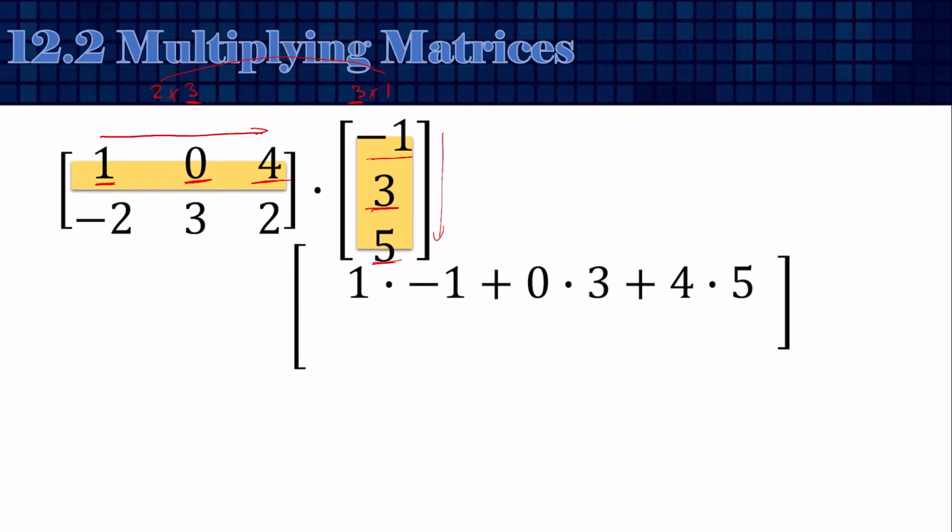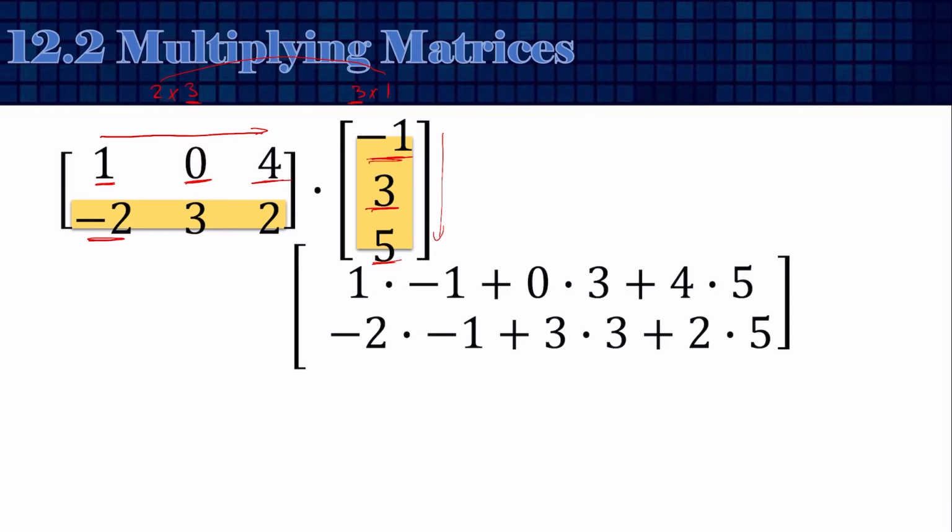So that was first row, first column. There's no other columns. Let's go with second row, first column. Multiply the first, -2 times -1, plus 3 times 3, plus 2 times 5. And that was second row, first column.